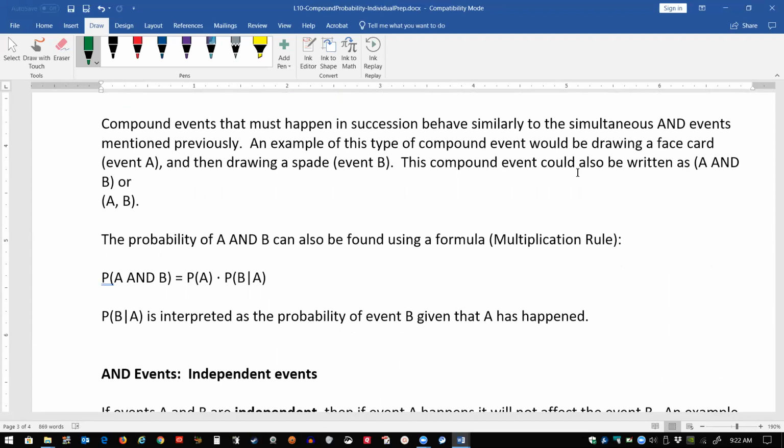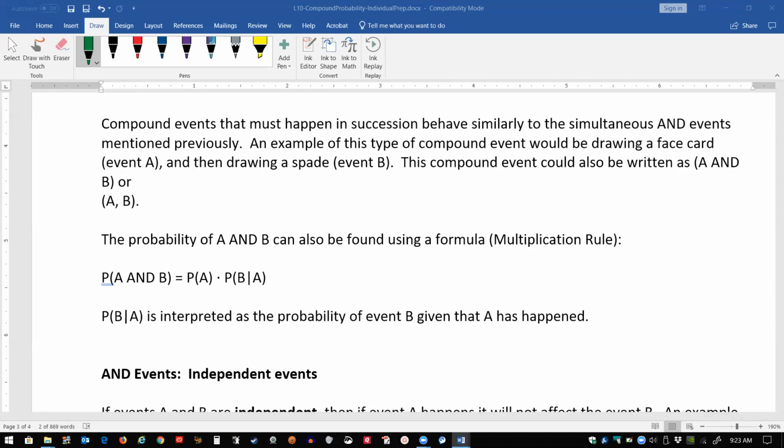You need a specific sequence of outcomes. So for and compound probabilities, you could write them as A and B, or a lot of times they'll just separate the events with a comma. Typically when you want multiple trials with a specific sequence of outcomes, that's how you'll see it written. In either case, we're using the multiplication rule for this, okay?